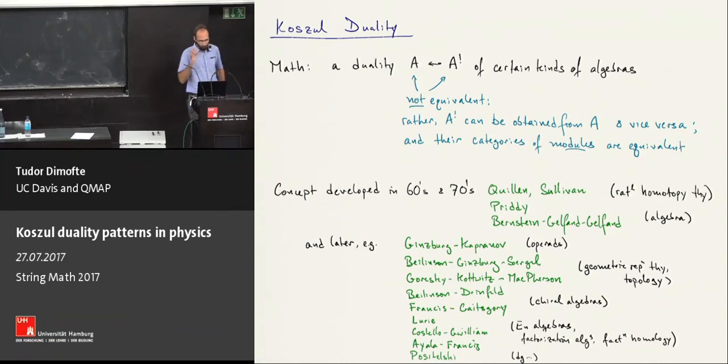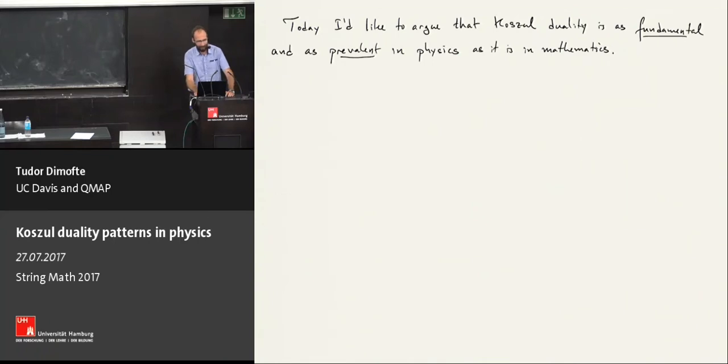And one of the fundamental examples, which I'll spend part of the talk on, appeared in work of Bernstein, Gelfand, and Gelfand. And then it was taken up and blown up and generalized in lots of amazing ways. So it's fundamental in mathematics.